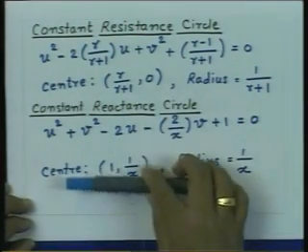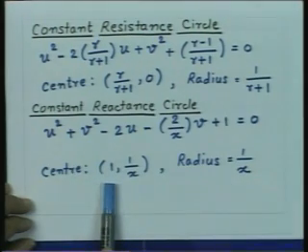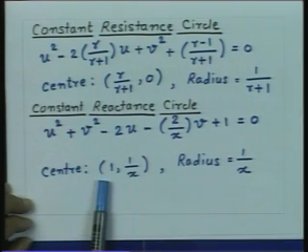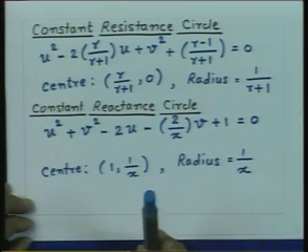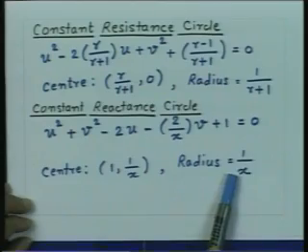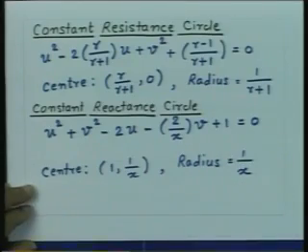Similarly, for the constant reactance circle, I have a center which lies at 1 comma 1 upon x. That means this center lies on a vertical line passing through u equal to 1, and the radius of these circles will be given by 1 upon x.